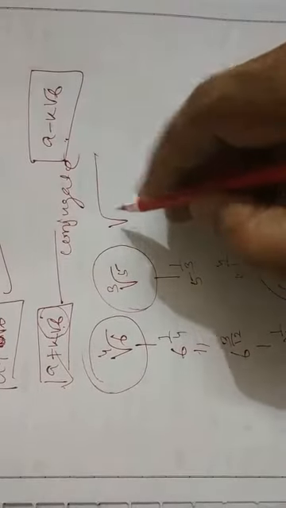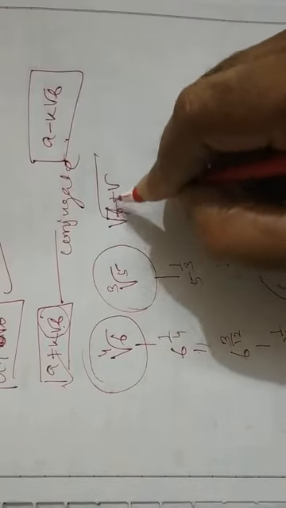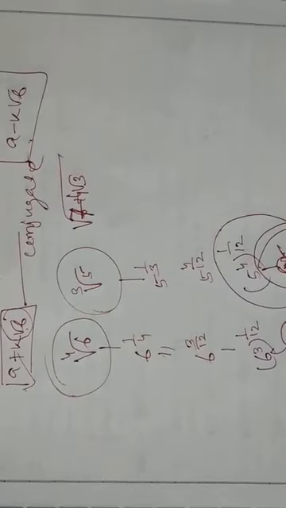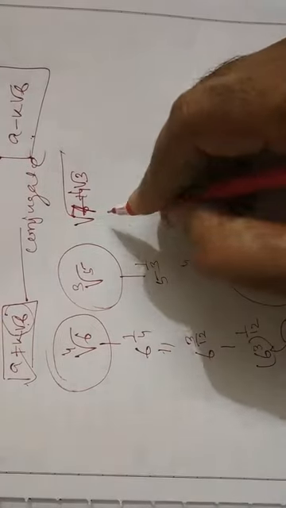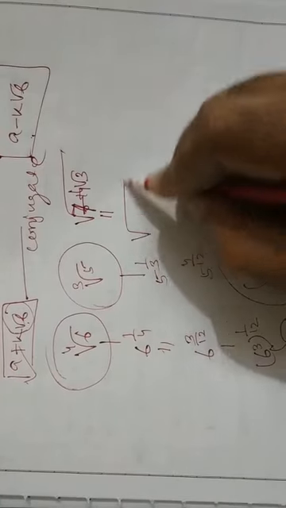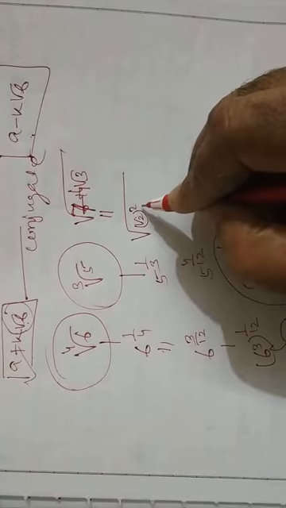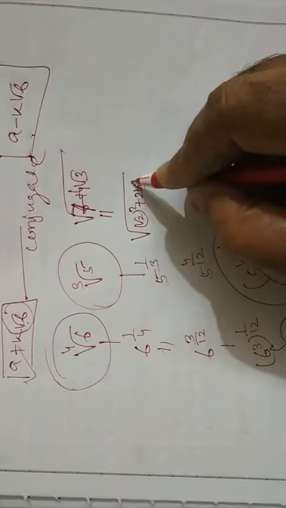Now, how to get the square root of a surd? What is the square root of 6 plus 4 root 3? I am taking 7 plus 4 root 3. How shall I get its square root? This is root 2 square plus 2 root 3 square.